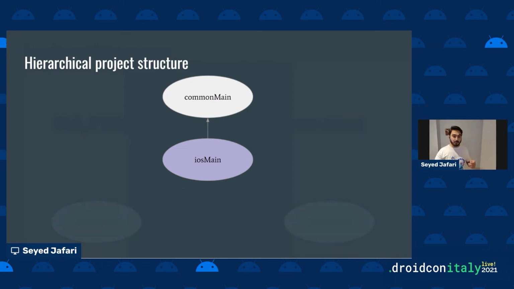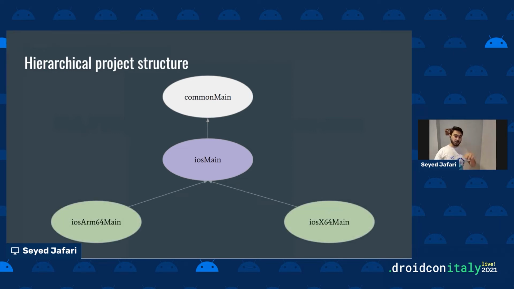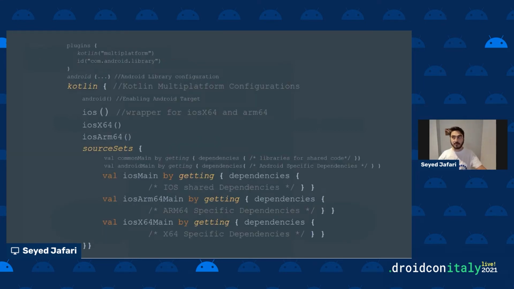But if you don't want to share the code for those architectures, then you can pick those source sets and write your code in them as well. So you can see that the hierarchy starts from the top, common main, then goes to iOS main, and goes to CPU architecture specific source sets. So with that said, we can obviously add back the iOS platform or target and have its source set in our module.